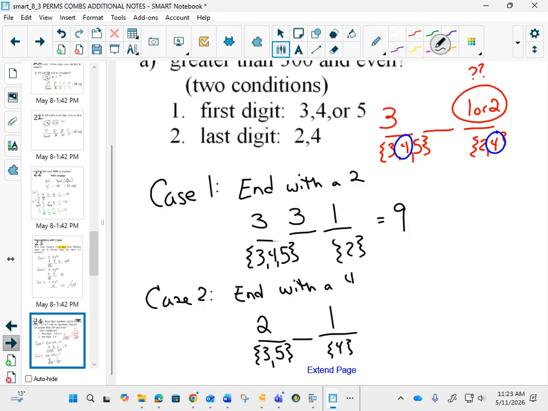No restrictions left in the middle. 2 times 3. 6 total. 15. I guess they're numbers. There's going to be 15 numbers. Add the 2 cases up.